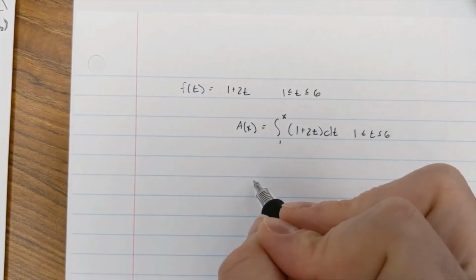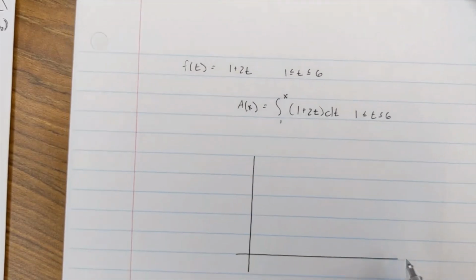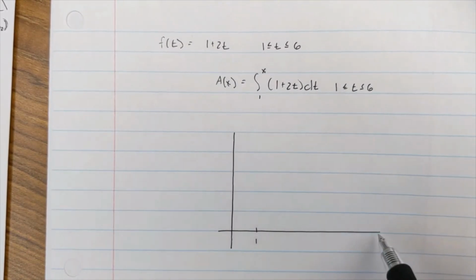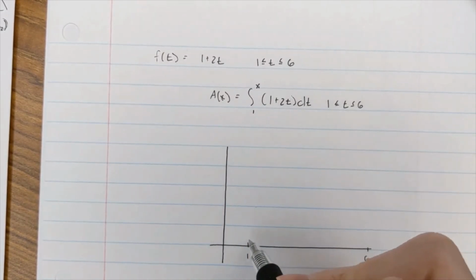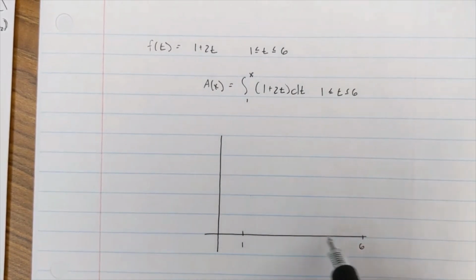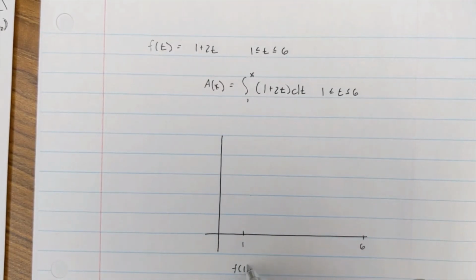So what we're looking at is some function that starts at 1, goes up to 6, and if you look at this equation, I can actually figure out what the values are at 1 and 6. At 1, this would be essentially f of 1, so 1 plus 2 times 1, or 3.